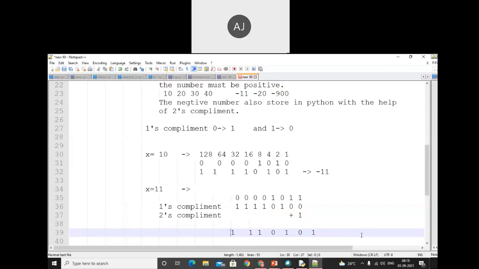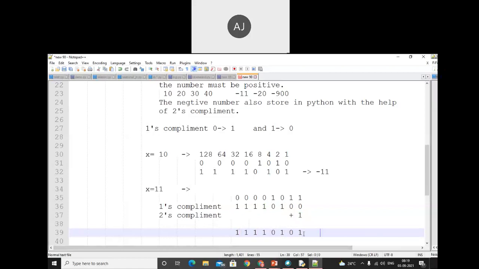The two's complement we get is this value.